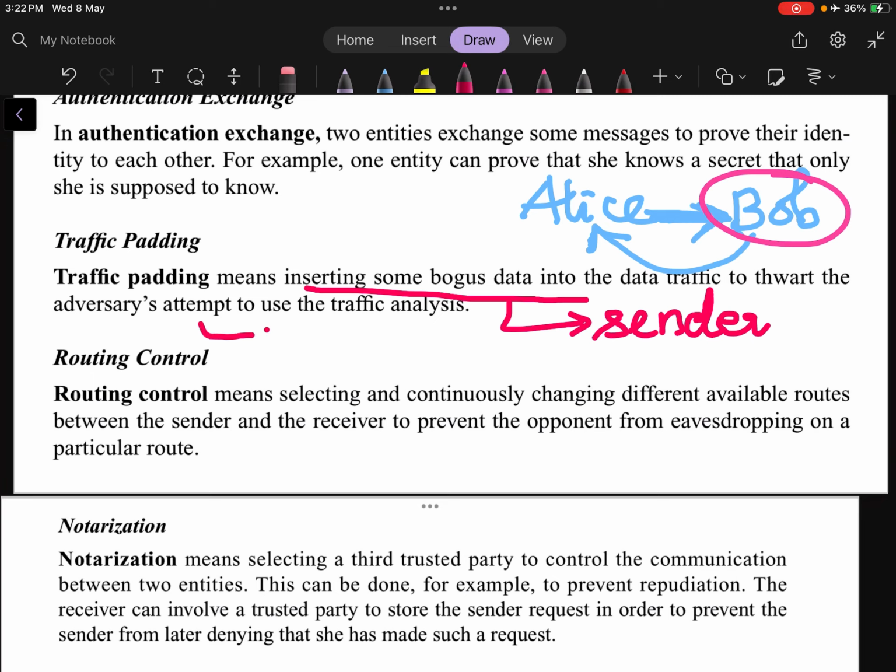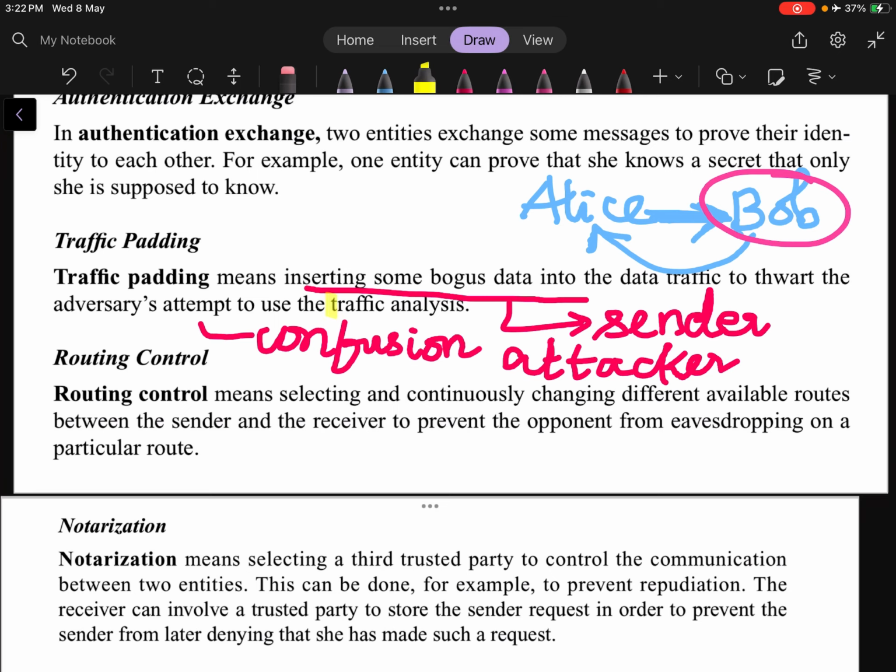To confuse the attacker, because the attacker does traffic analysis and tries to take out the information. So to confuse the attacker, the sender will insert bogus data and prevent the attacker from understanding what the actual message is through traffic analysis.